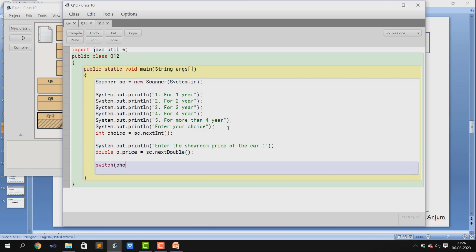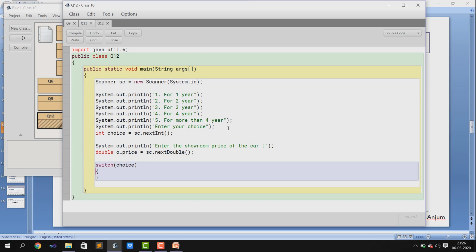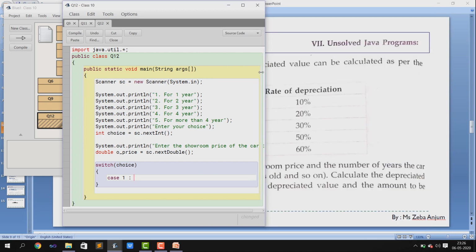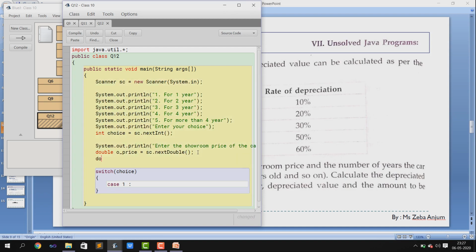Now let us start the switch case. Switch choice, and all the cases in between. Firstly, let us make case 1, that is for the first year, and our depreciated value will be, as we see in the question, 10%. So let us make a variable, double depreciated value equals 0.0.